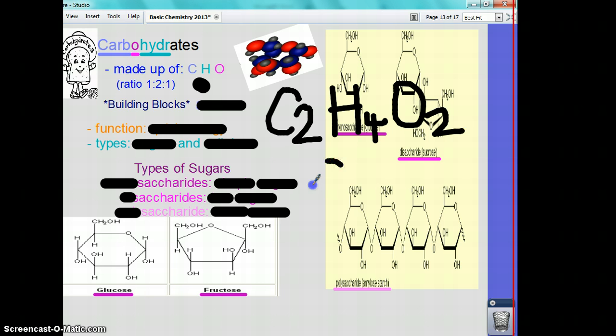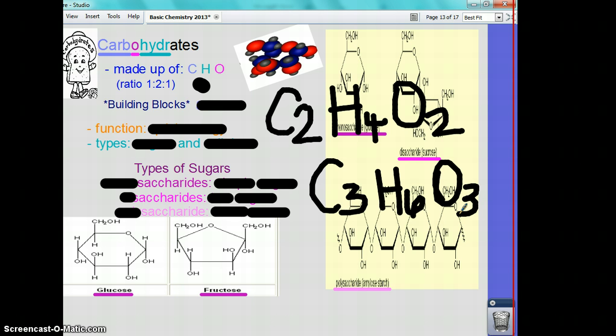I'm going to show you again. If I give you C3, what are you going to tell me about H? Raise your hand if you could tell me that. H6. O3. For every 1 carbon, you're going to double the hydrogens and the oxygens match the carbon. So now if I give you C4, what are you going to give me?